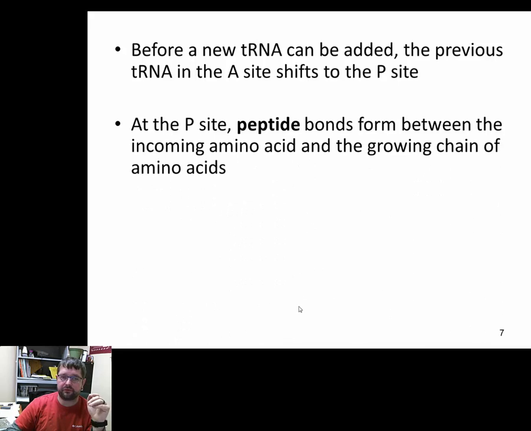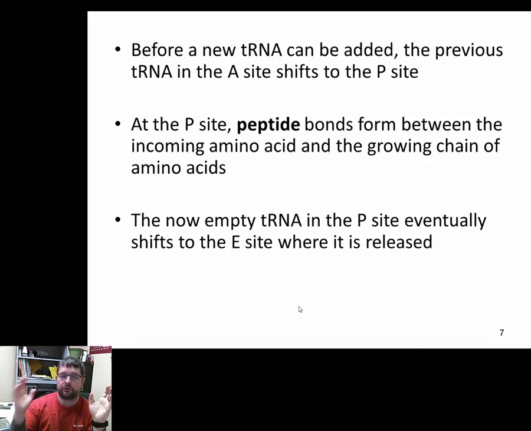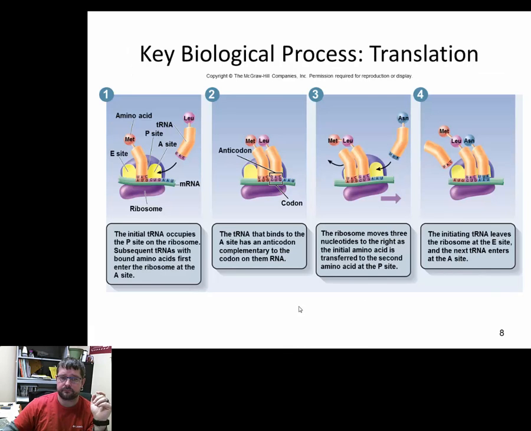When it shifts to the P site, a peptide bond is formed between the amino acids on the transfer RNA and the growing amino acid chain. You then have that transfer RNA, which no longer has an associated amino acid, move to the E site and is released from the ribosome complex.